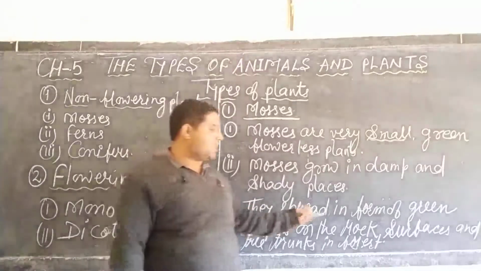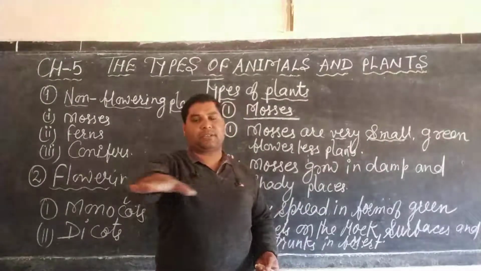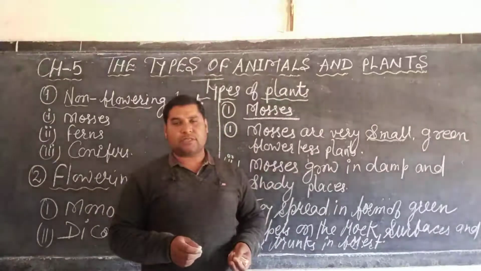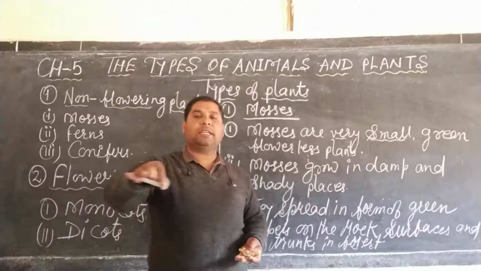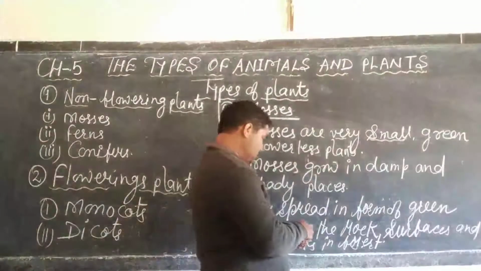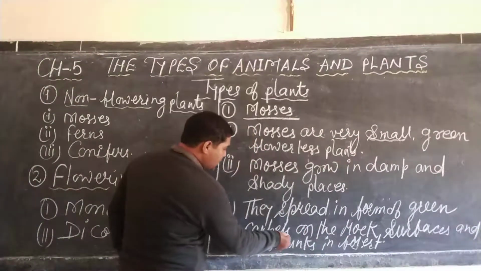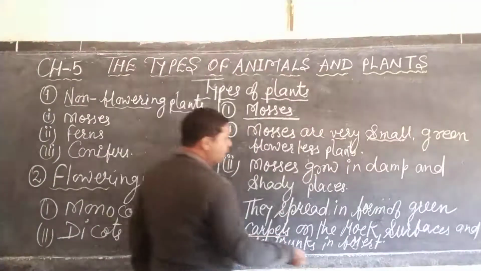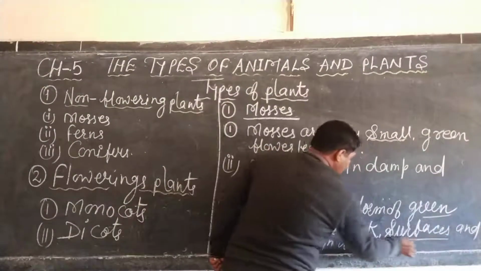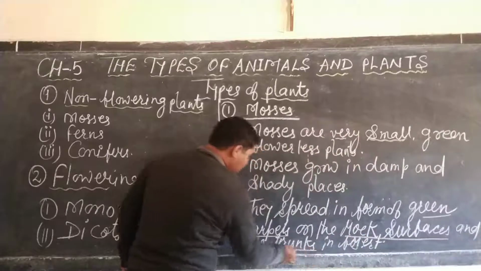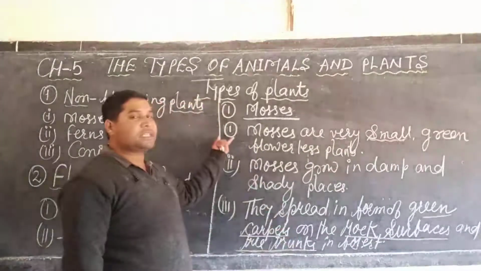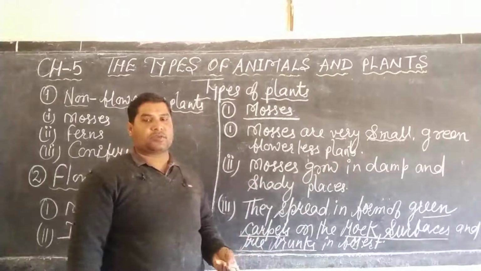They spread in the form of a green carpet, over rock surfaces or on tree trunks in the forest. So these are the characteristic features of the mosses, dear student.